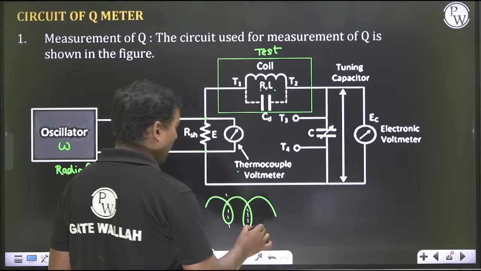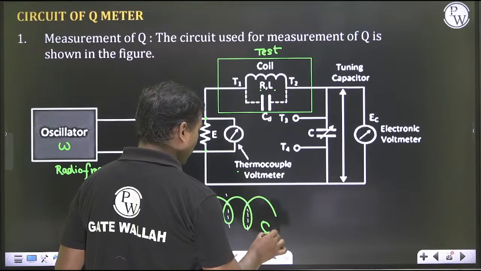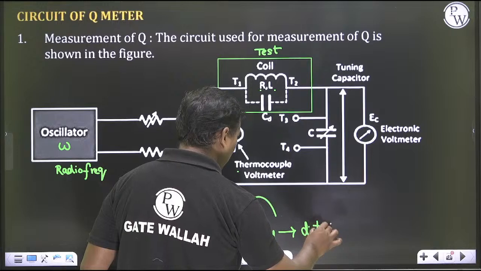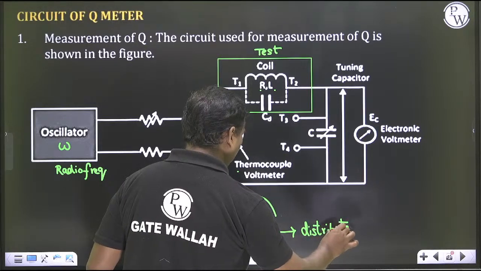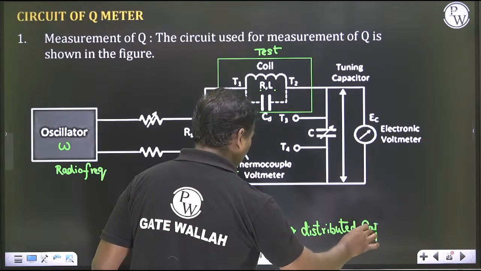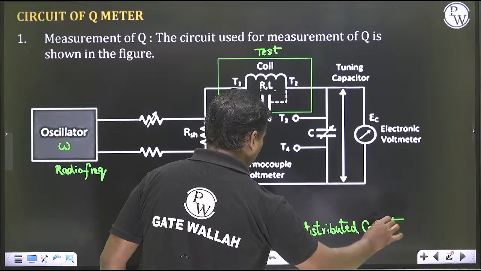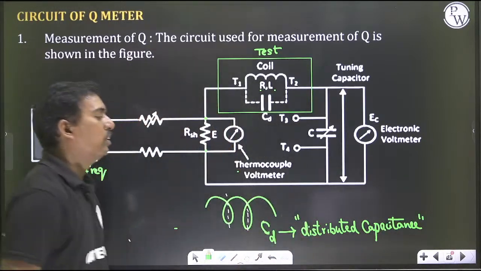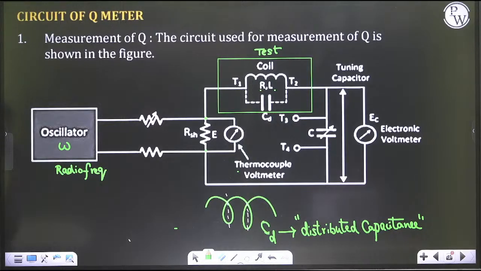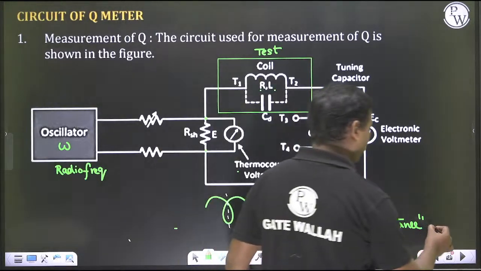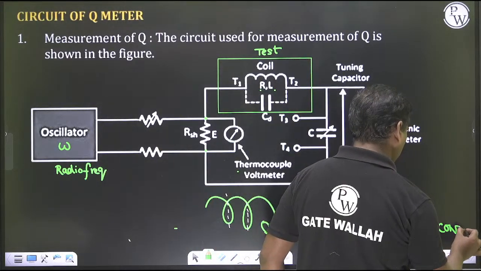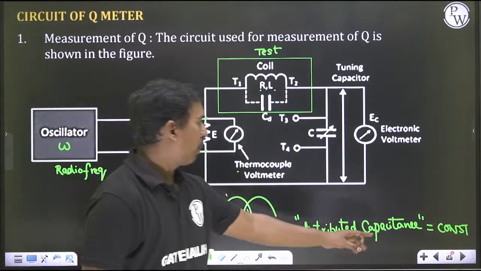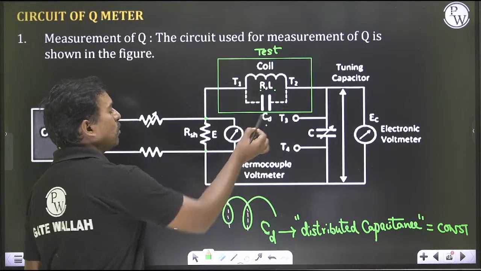This capacitance is called distributed capacitance, which is always constant. Just like the inductance of a coil, this distributed capacitance is also constant. So this is what we have to measure.